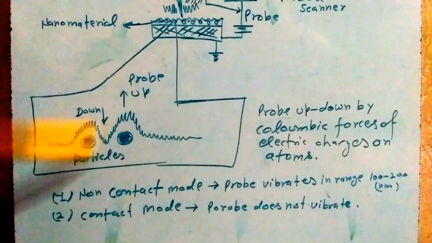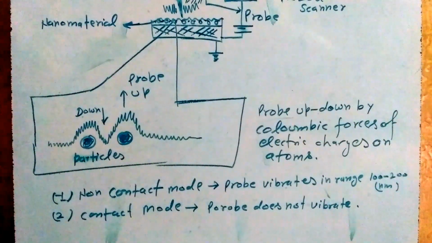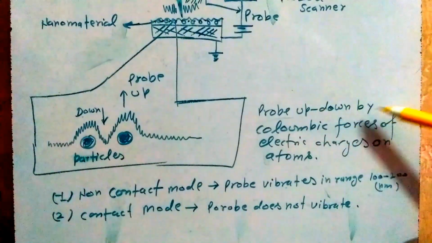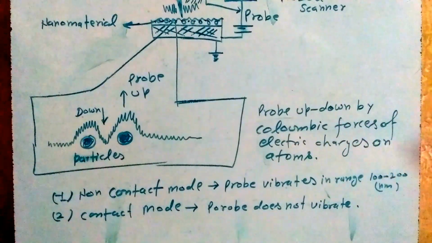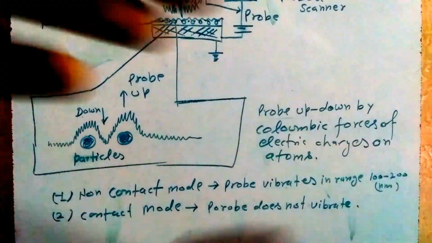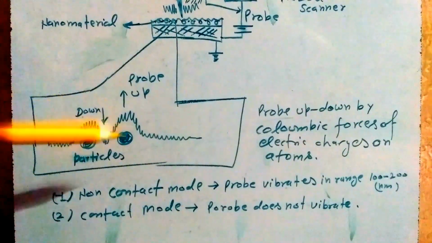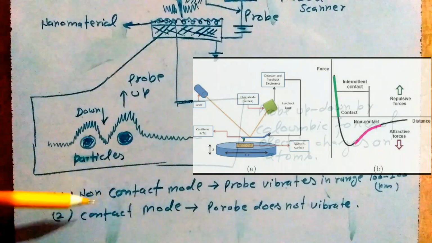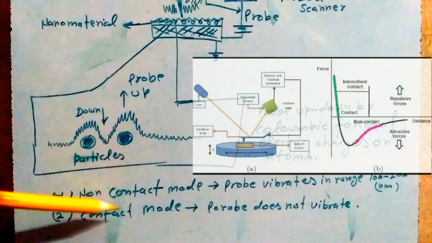So these patterns of vibrations of the probe are converted into the graph, and the probe goes up and down because of the Coulombic force of electronic charges on the atoms. If there is a vibration in the probe, then we say this is a non-contact mode.